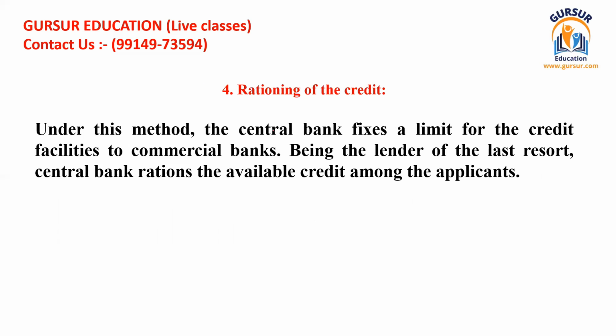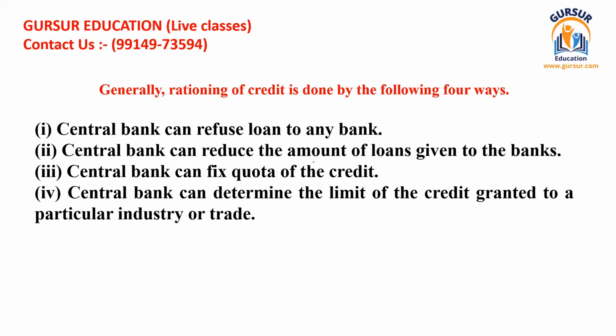The central bank fixes the limit for credit facility to commercial banks. So the limit or the policy by which the central bank fixes how much credit is to be given to different banks can be rationed on the basis of their capability or their previous performance. The rationing of credit to different commercial banks can be done by the central bank in many ways.